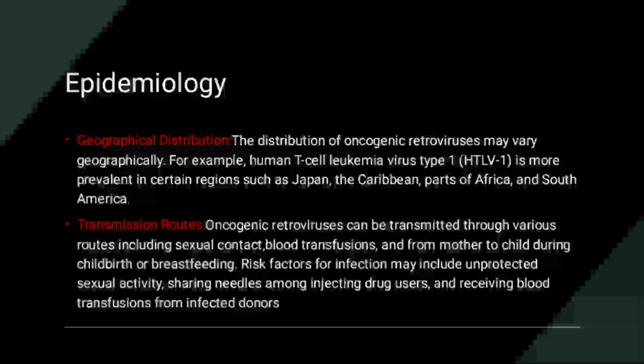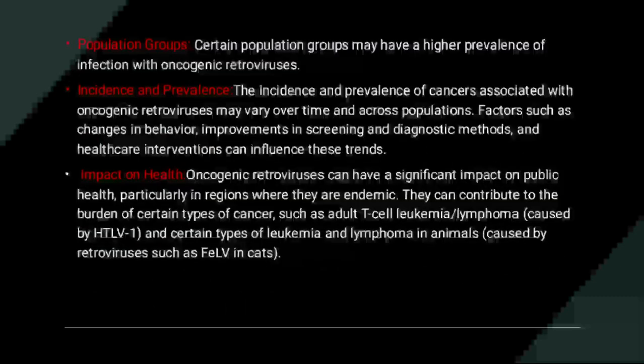Transmission routes. Oncogenic retroviruses can be transmitted through various routes including sexual contact, blood transfusions, and from mother to child during childbirth or breastfeeding. Risk factors for infection may include unprotected sexual activity, sharing needles among injecting drug users and receiving blood transfusions from infected donors.